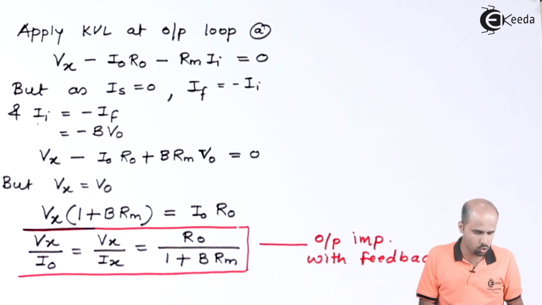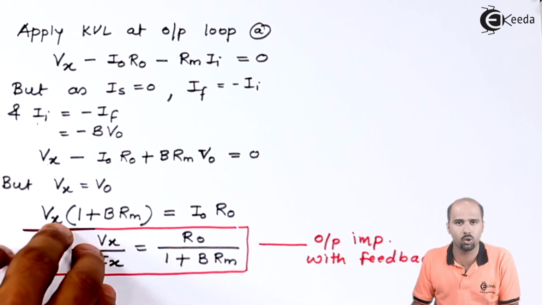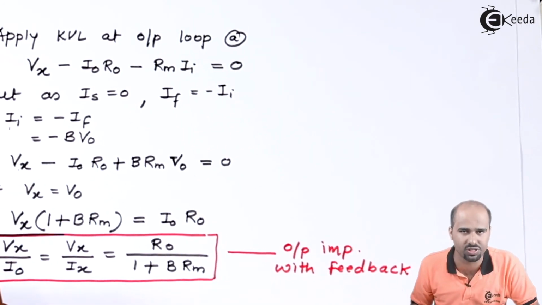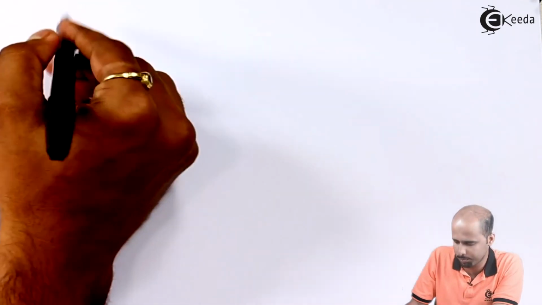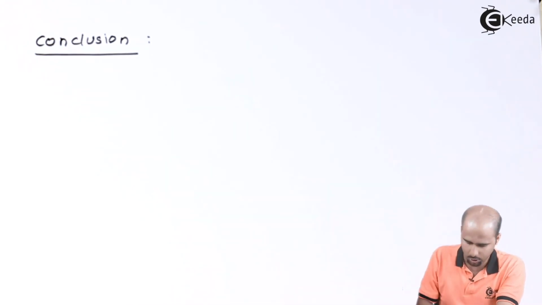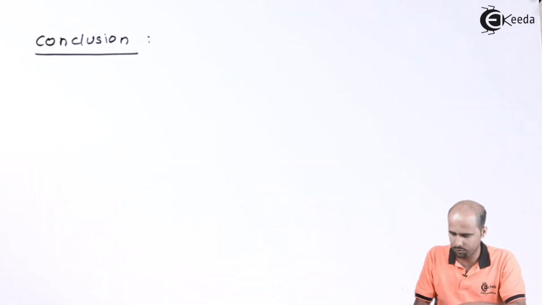So far we have discussed the gain with feedback, input resistance with feedback, and output resistance with feedback. So we have to make a conclusion, and we will do the conclusion in tabular form.